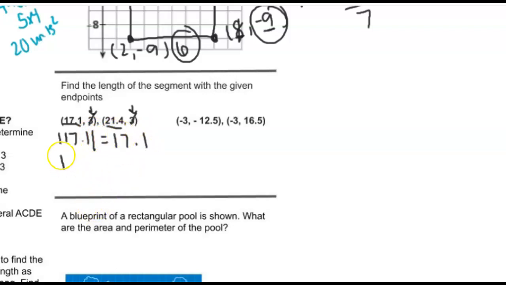The absolute value of 21.4 is 21.4. Now, everything here is positive, so they're in the same quadrant, meaning we have to subtract. So we're going to take 21.4 and we're going to subtract 17.1, and I got 4.3 as my answer.